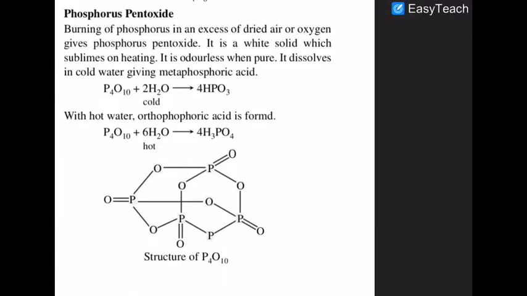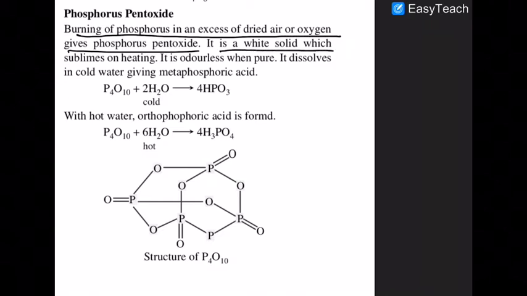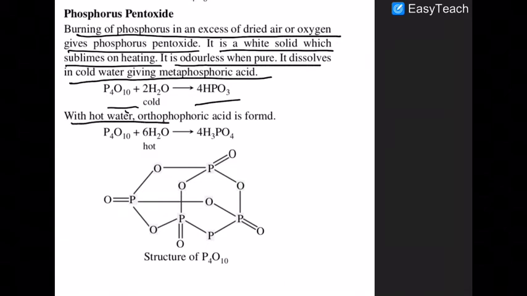Next is about phosphorus pentoxide. If burning of phosphorus happens in excess of oxygen, then it will give you phosphorus pentoxide. It is a white solid which sublimes on heating. It dissolves in cold water giving metaphosphoric acid HPO3, but with hot water it will give you orthophosphoric acid.